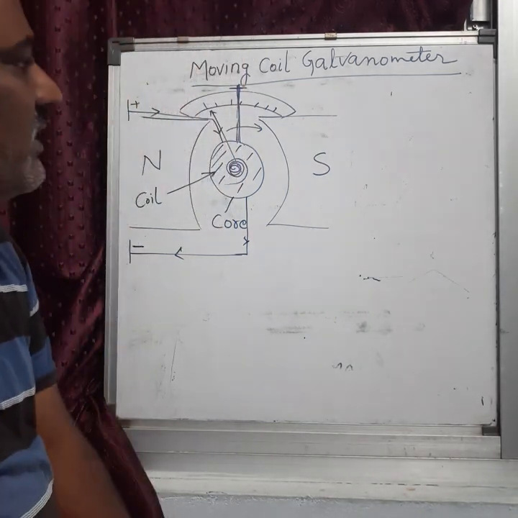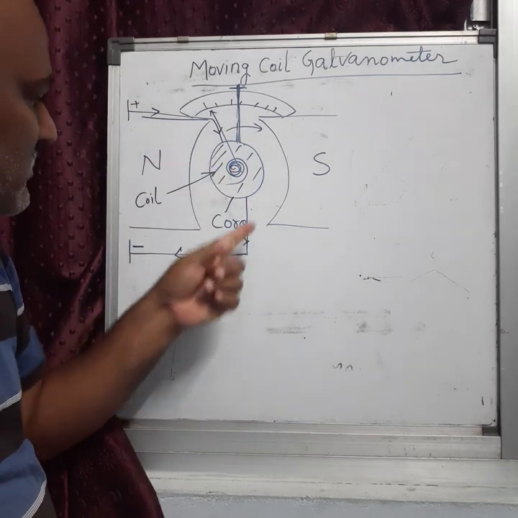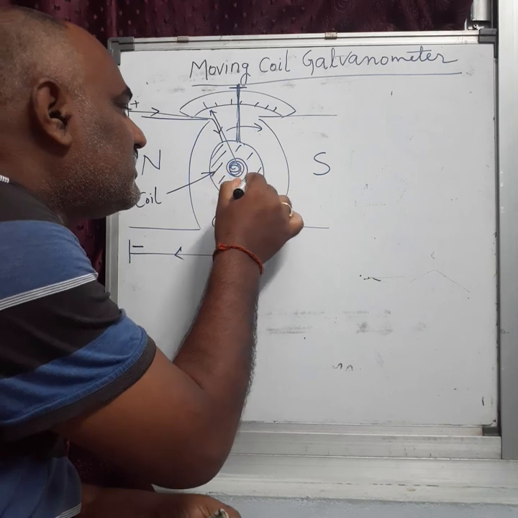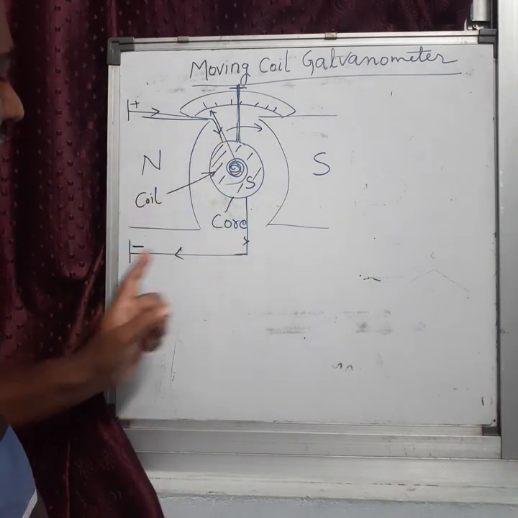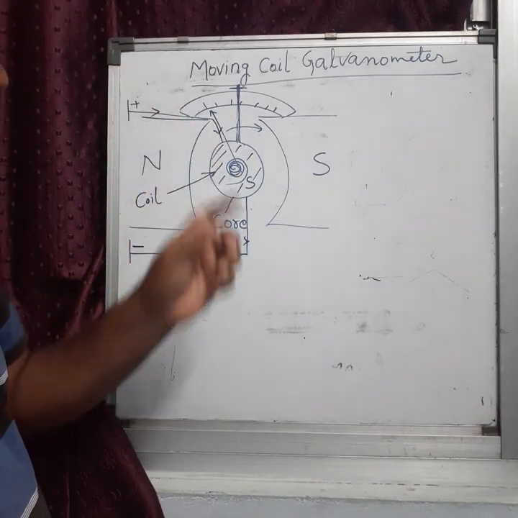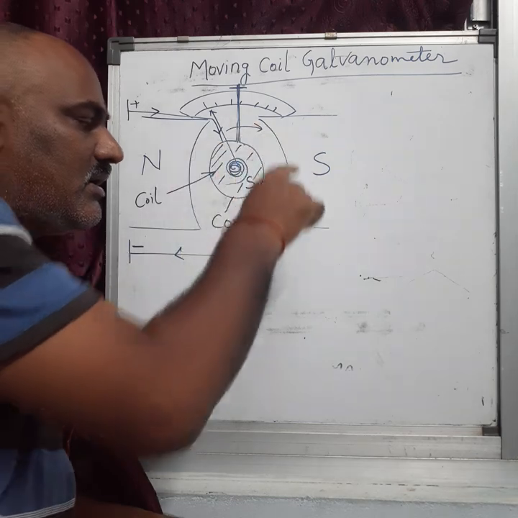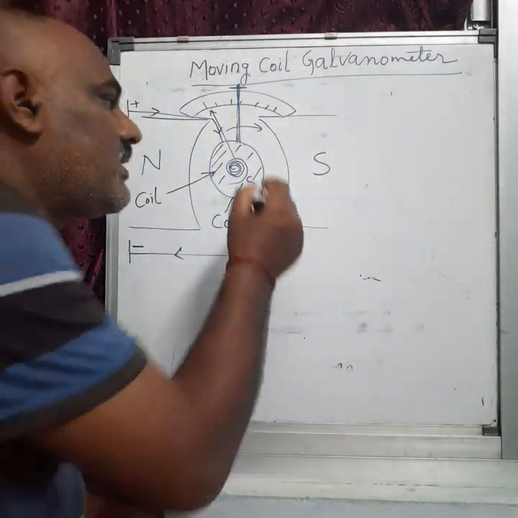Now see what happens here. Inside there is a spring. When current is given to this coil, plus and minus, what happens? A current-carrying coil is kept in the magnetic field.